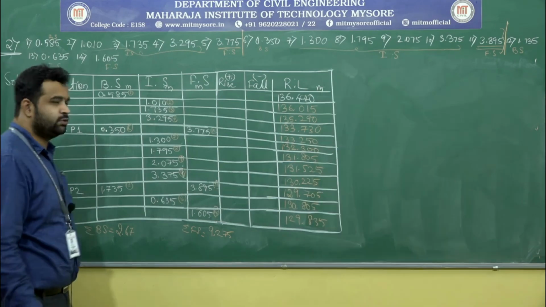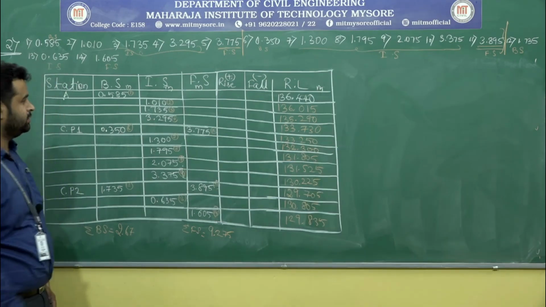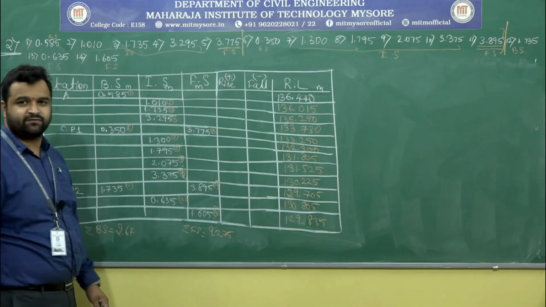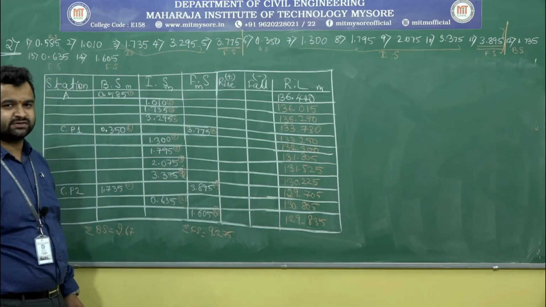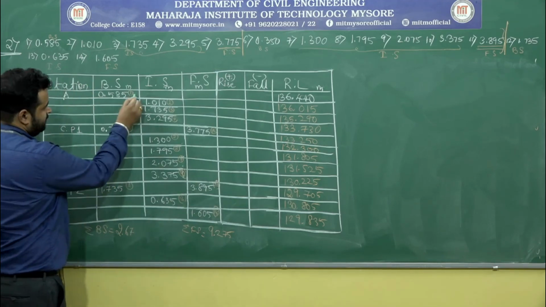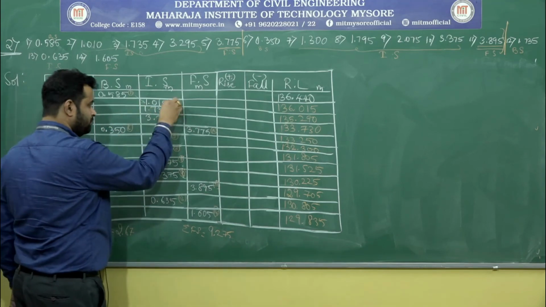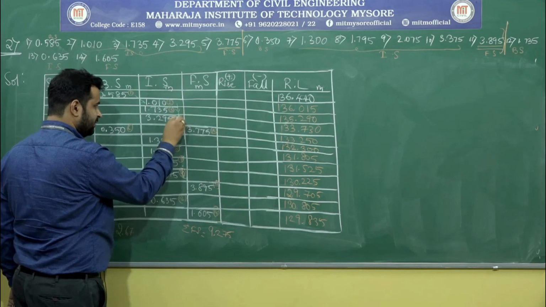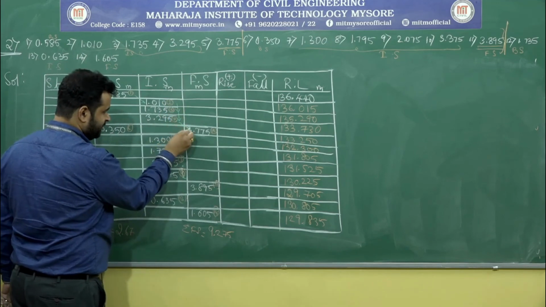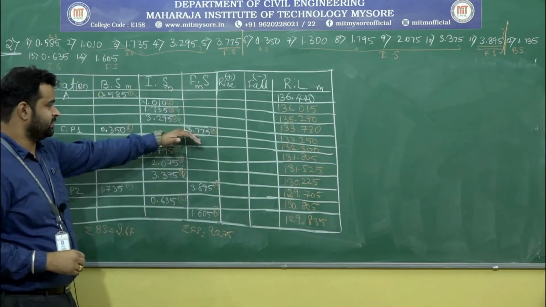Now, how do you calculate rise and fall? You have to take the difference between two successive readings. So let me write the arrows first: 1 minus 2, next 2 minus 3, 3 minus 4 and 4 minus 5. Readings end here.